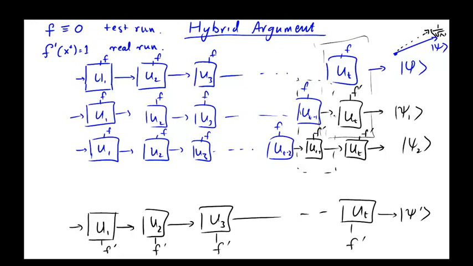But this is not the last step of the algorithm, so surely this is a different situation. We can say that the input to the last step of the algorithm in these two cases differs by at most 1 over square root n. The input vectors in the two cases differ by at most 1 over square root n.